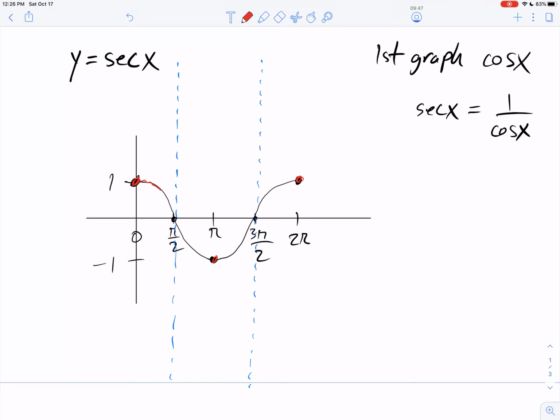Everywhere cosine is going down, secant's going up. Everywhere cosine is going up, secant is going down. So I'm just going to sketch in both sides here. And then on this one, guess what? It goes like that. Now, that would be one period of the secant graph.